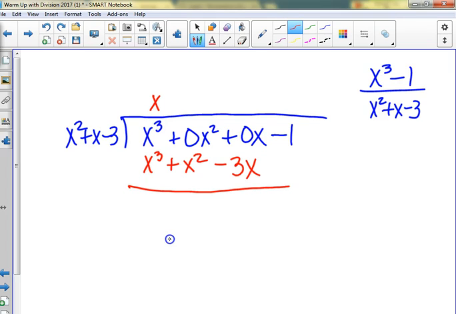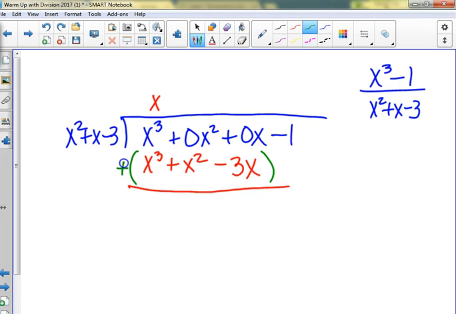Anybody have the next step? You subtracted. What did you end up with? There's an x squared here, right? That's not a 0.